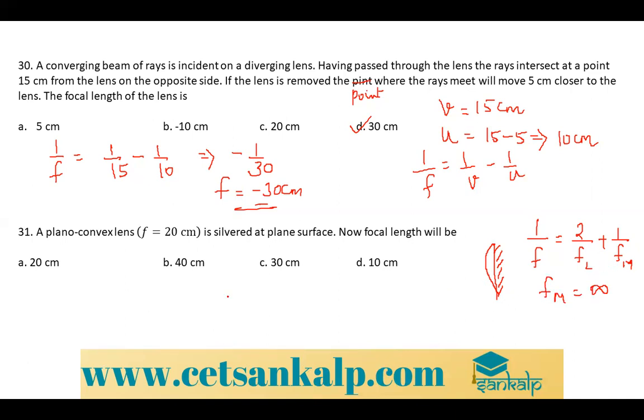ಹೌದಾ? ಸೊ ಈಗ ಏನು 1 by 20 is equal to 2 by fl. So fl is equal to 40 centimeter. ಸೊ fl ಬಂದು ಸಾರಿ ನಾವು fl ಕಂಡಿಡಿಯೋದಲ್ಲ, f12 ಕೊಟ್ಟಿದ್ದಾರೆ.